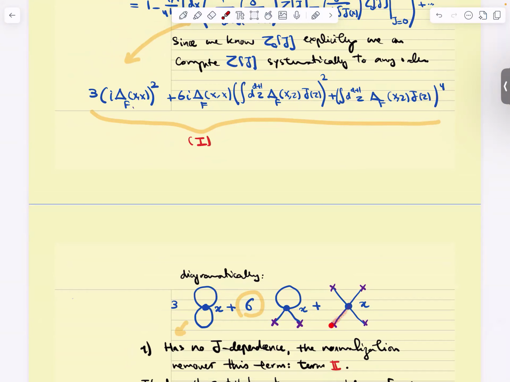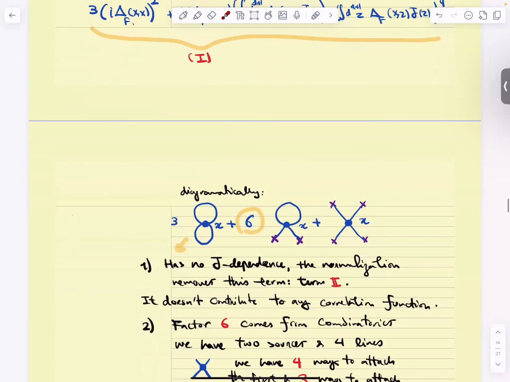And then the last term has 4 J's. Good. I'm putting these separate because when this is integrated and squared, there is J(z) and J(z prime) in it.